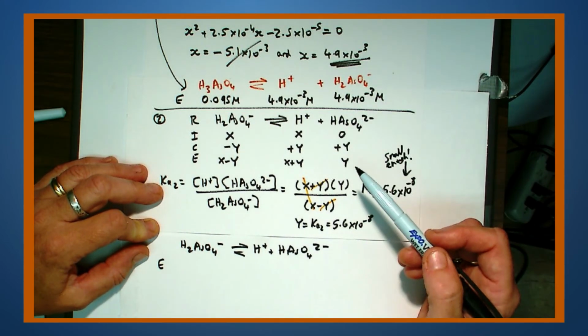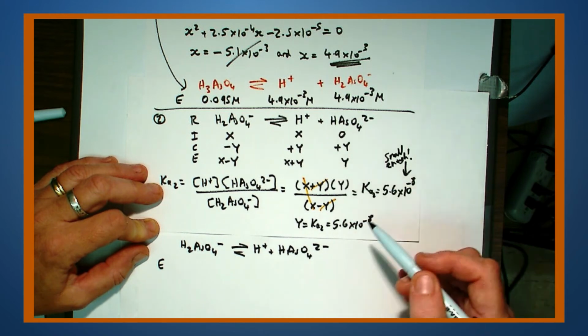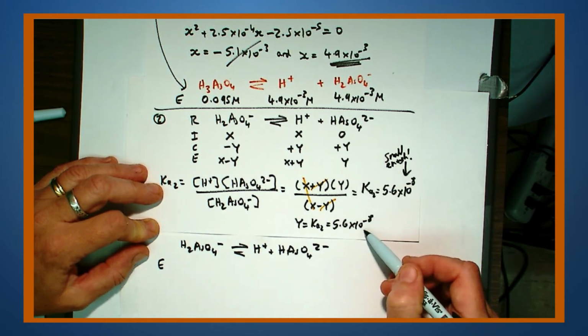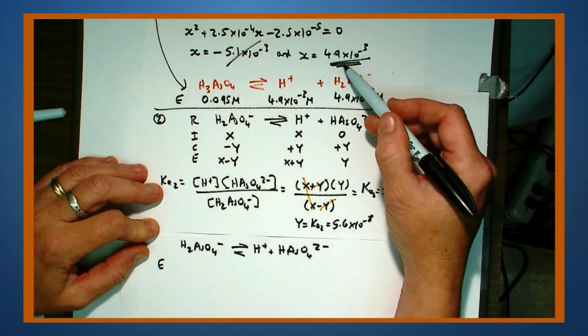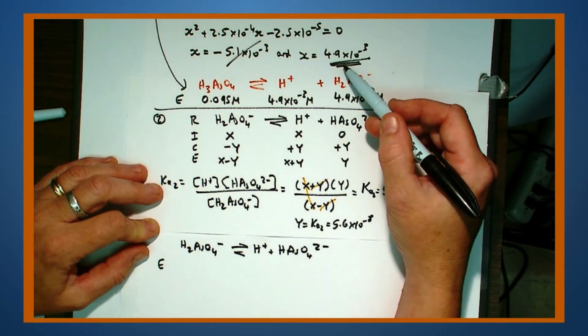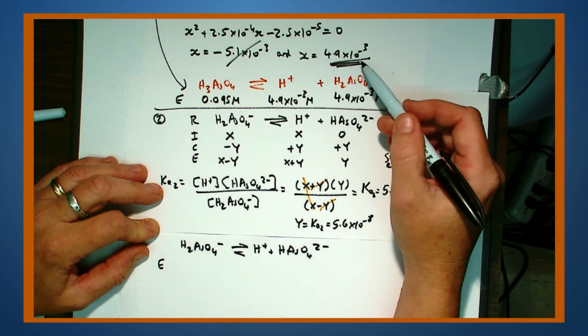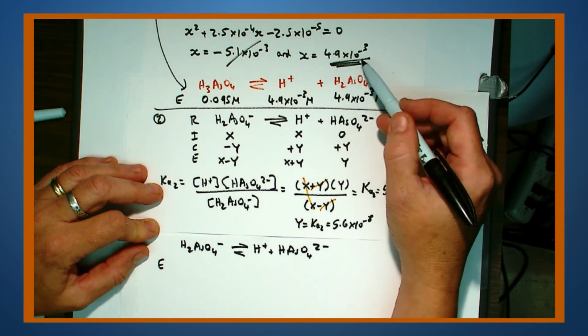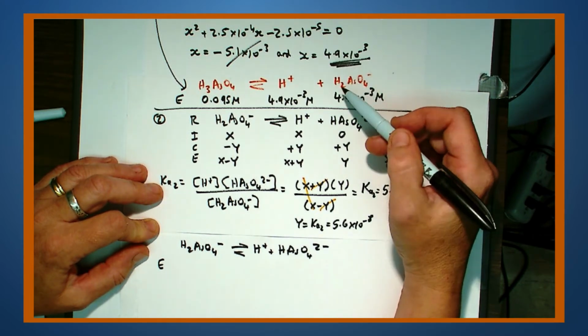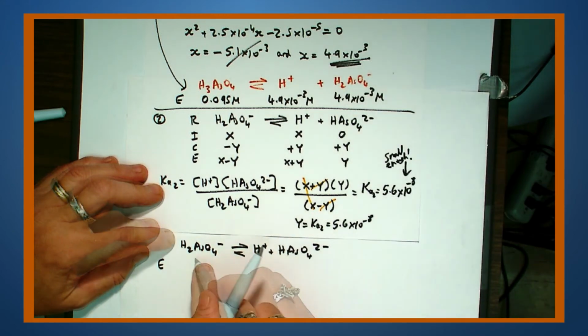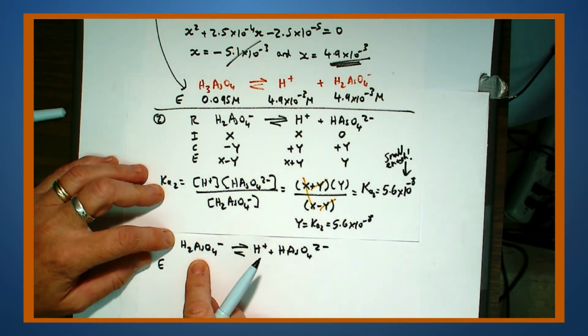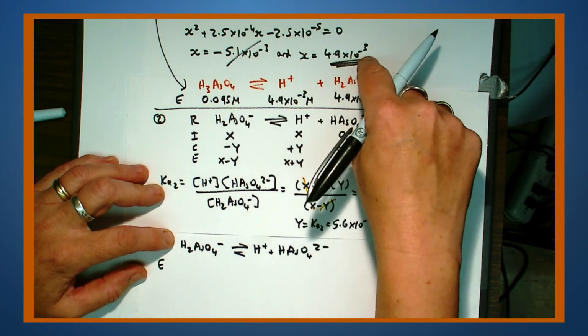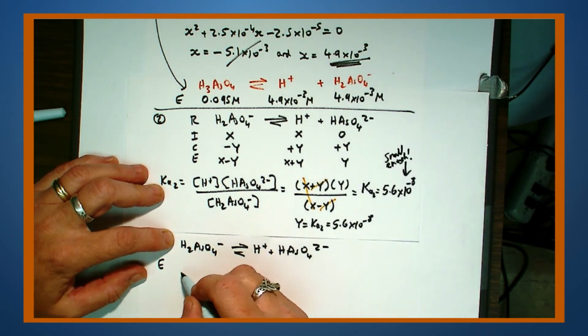And now we're going to subtract Y from it. Well, Y is 5.6 times 10 to the minus 8. You try that on your calculator. If you subtract this number from this number, you're basically going to get this number. It's going to come down to a matter of more decimal places than 1. So what you're going to see is that this number is ever so slightly smaller than this number here, but not by very much. So it's basically 4.9 times 10 to the minus 3.